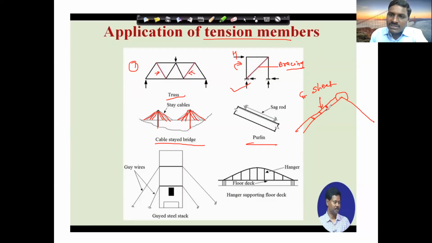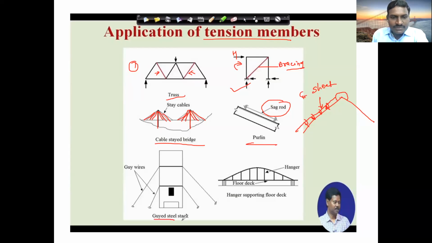Means on the truss the purlins are rested and on the purlins the GI sheets are rested. Here we are making hooks, attaching the hooks with the purlin and sheets. In the purlins, sag rods are there, which we will see in detail in unit number 7. Those sag rods act as tension members.